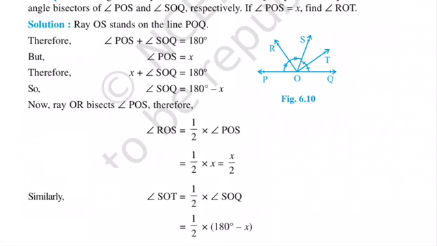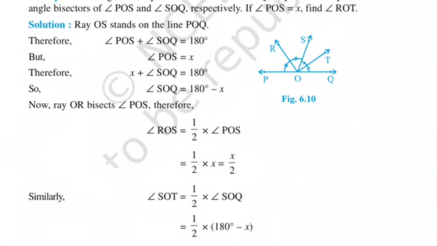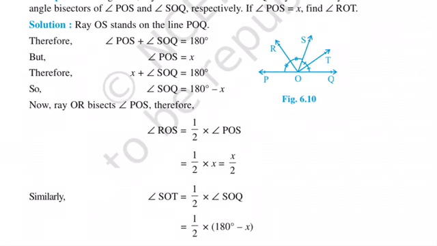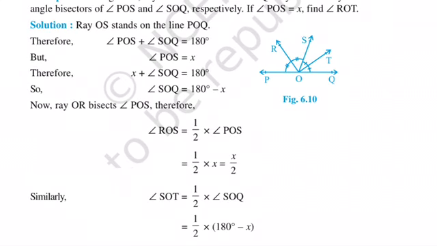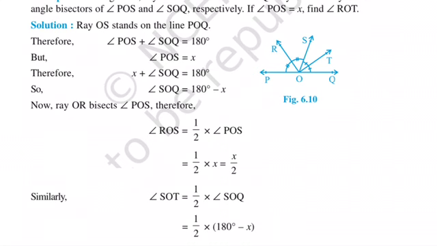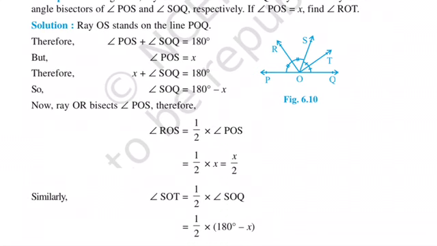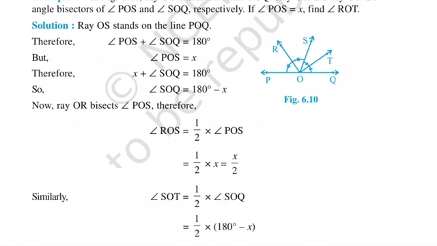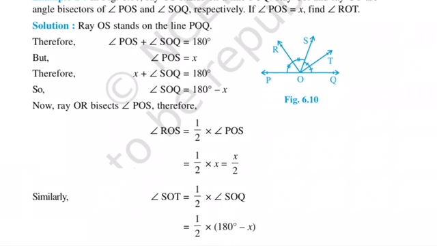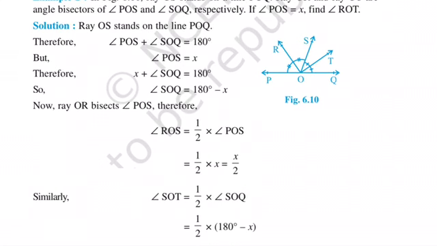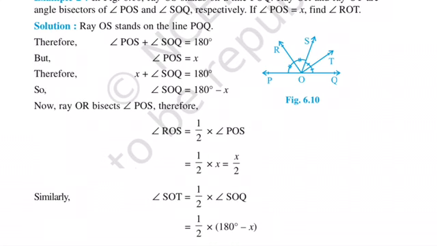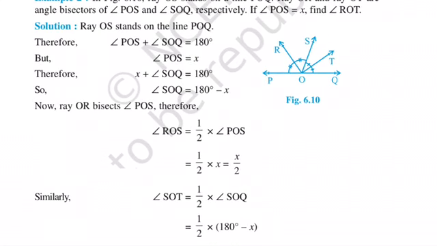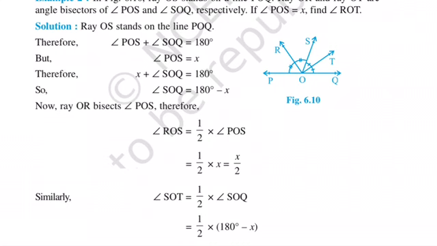First angle is angle POS and second angle is angle SOQ. And now, because POQ is a line and OS stands on it, the sum of these two angles is 180 degrees. Why? Because of linear pair. Angle POS plus angle SOQ is equal to 180 degrees.